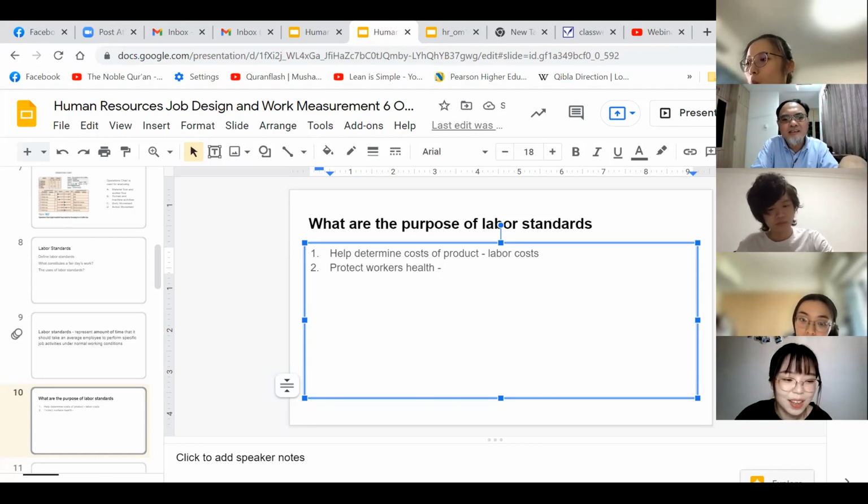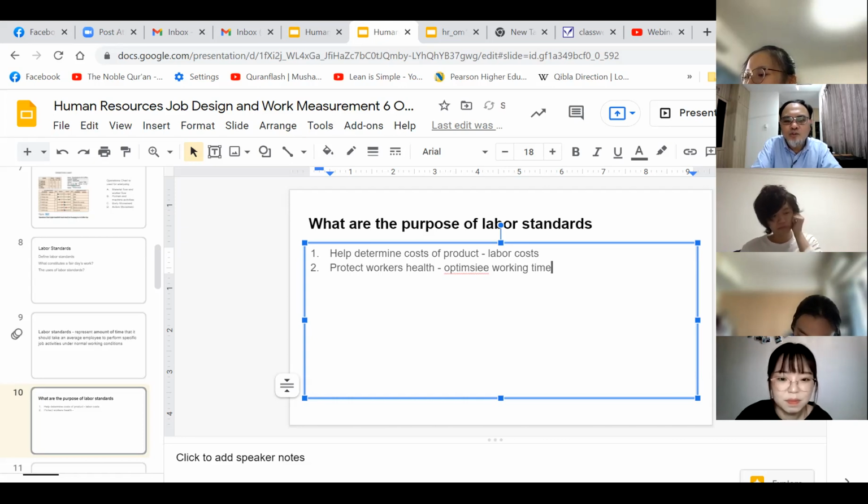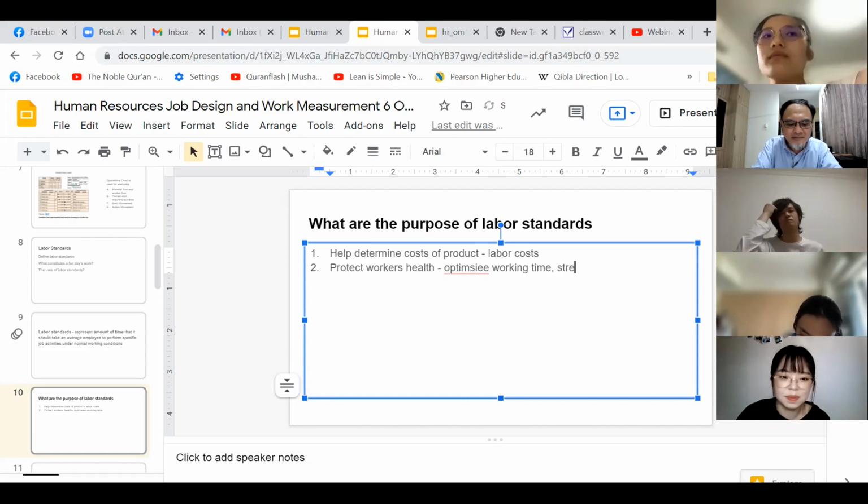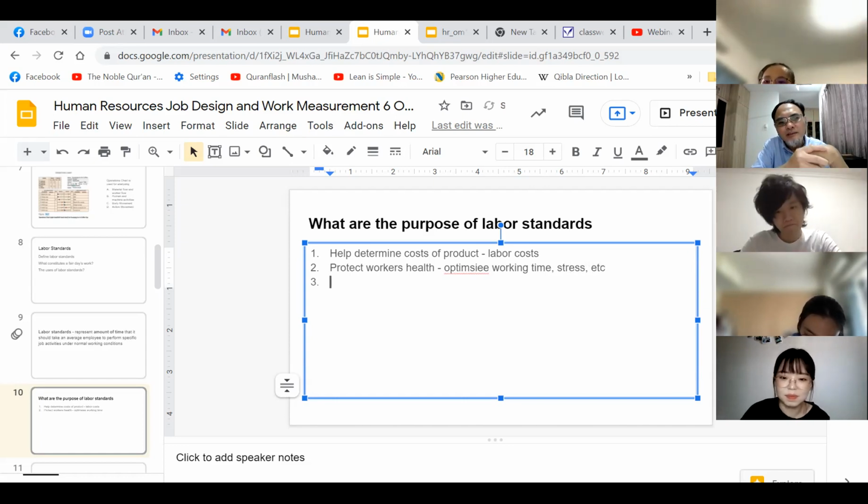If workers work for too long, they get sick. So you are trying to optimize the working time, so that the worker is not being overworked and stressed. Okay, good one. Anyone else?